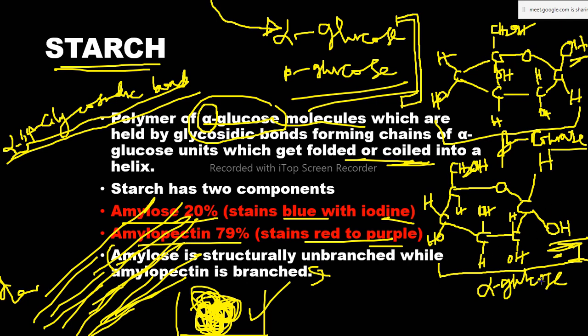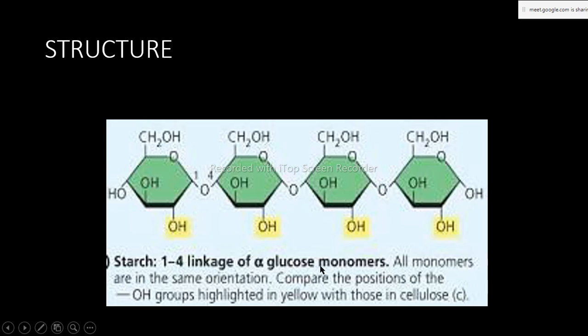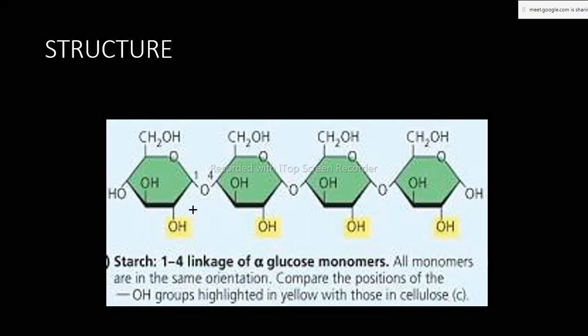We have seen that starch is made from alpha glucose molecules. So during condensation, let's talk about condensation and see. During condensation, different alpha glucose molecules will condense with each other.